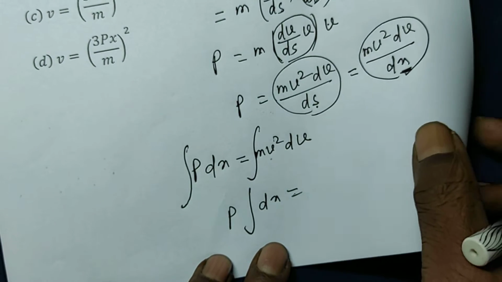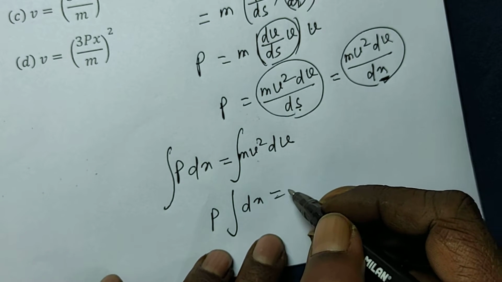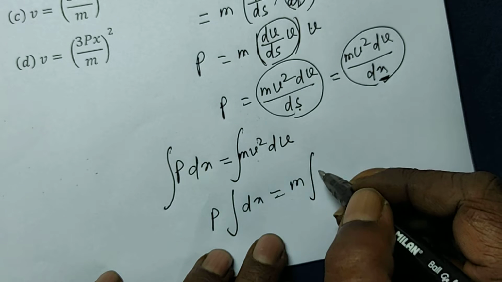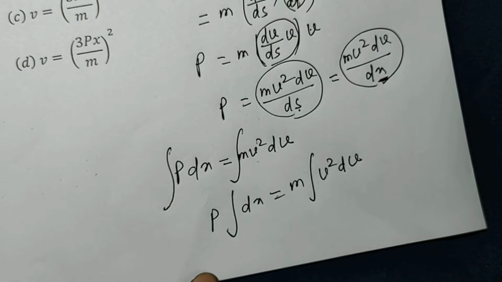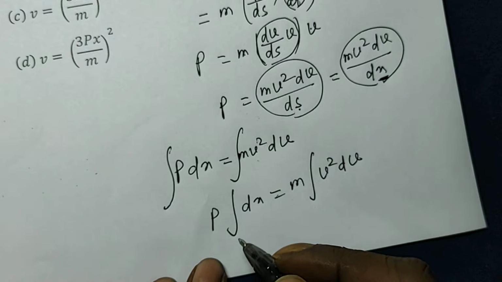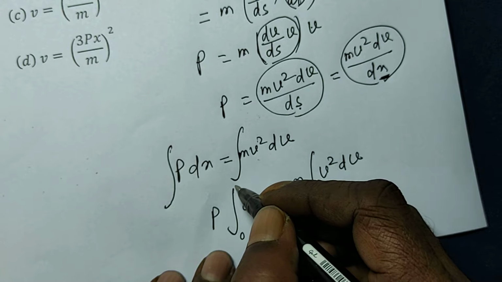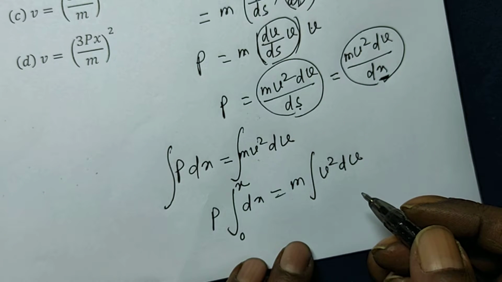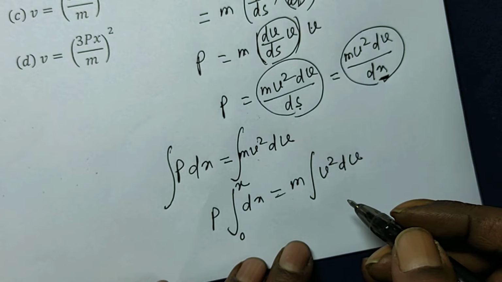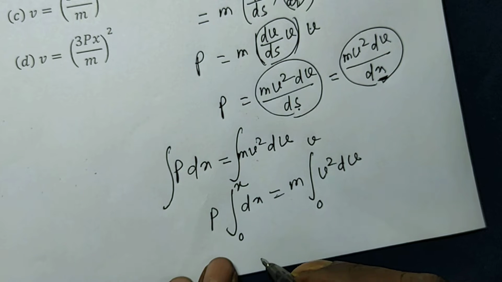Now, m is taken out, integration of v square dv. Now, what will be the limit of integration? Starting from, this is 0 to x, and it was asked starting from rest, so this will be from 0 to v.